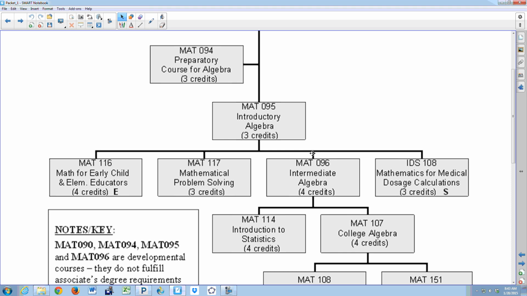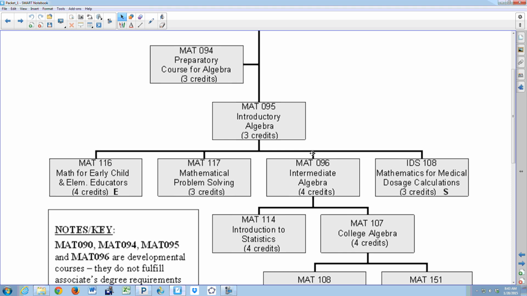Now sometimes people have either signed up or their advisors encouraged them to take this class without really talking to them about their academic goals. For example, the only people that should be in this class are people who are going in the direction of a degree in science, engineering, mathematics, or some technical field.